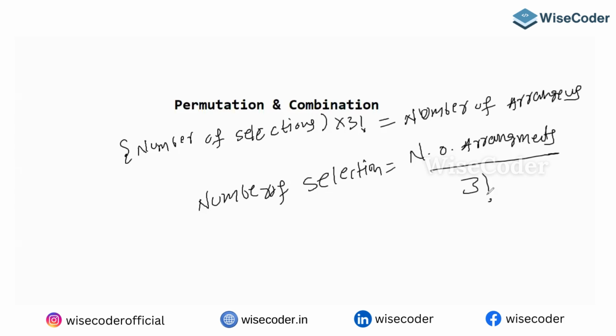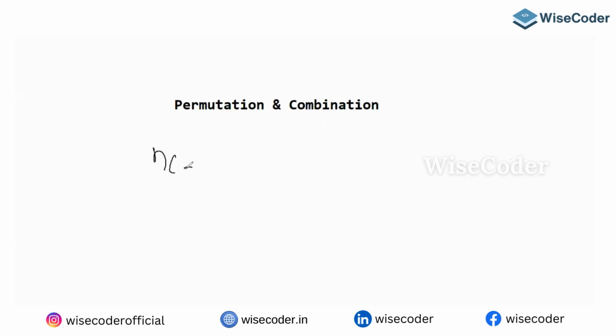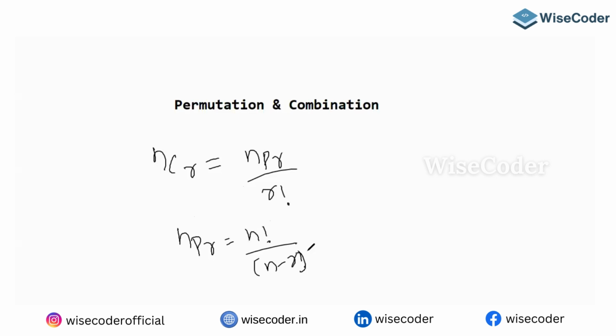So if I want to define nCr, it is nPr divided by r factorial. We already know nPr is n factorial by n minus r factorial.